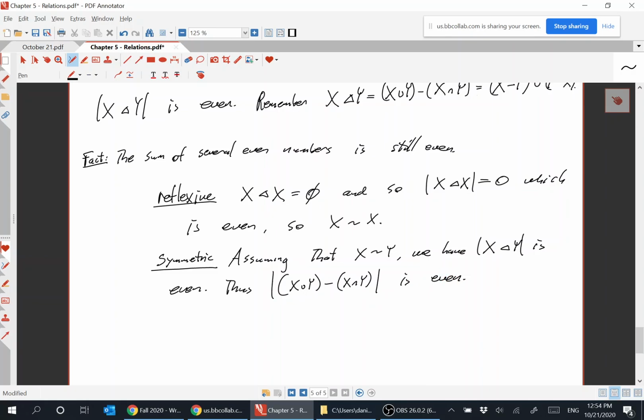But intersection and union are defined with what logic operation? And and or respectively.